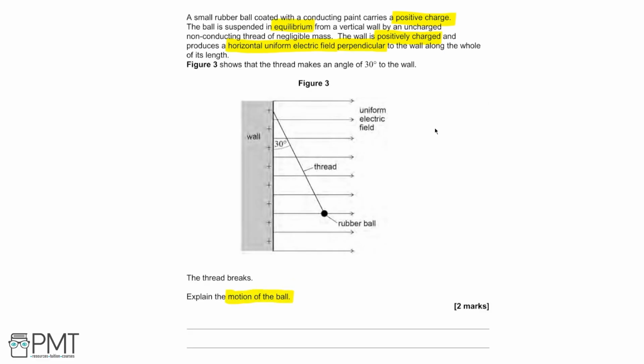Since we are considering electric fields and have been asked to explain the motion of the ball, it is helpful to consider the forces acting upon the ball as soon as the thread breaks. Specifically, we have the weight of the ball, and we have the electric field, or electric force.